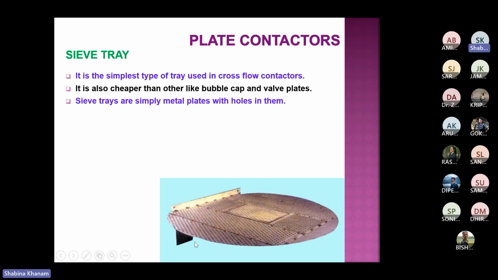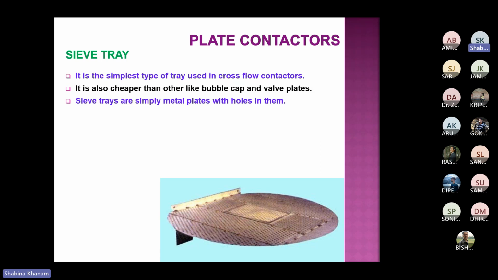That metal ring is welded at the inner periphery of the distillation column, and over that inner periphery this plate simply sits. To have a proper joint, we bolt this periphery, this particular section, to the ring which is welded at the inner periphery of the distillation column.